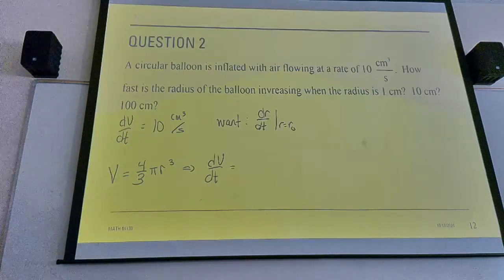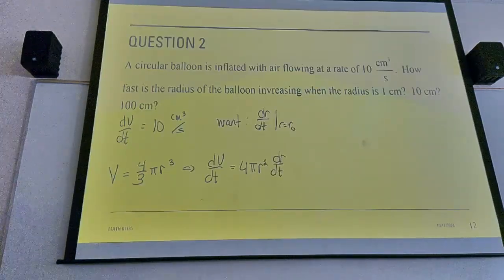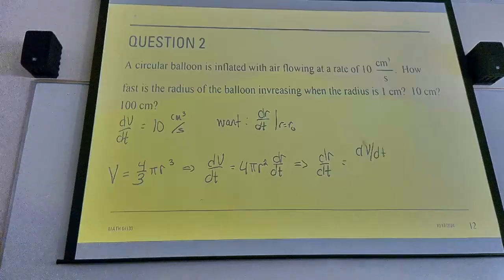What's the right-hand side? 4 pi r squared dr/dt. Again, we're trying to find dr/dt, so I'm just going to go ahead and solve for it. dV/dt is a constant.